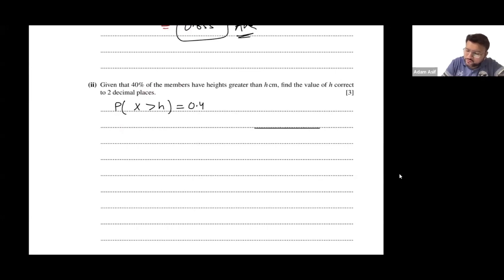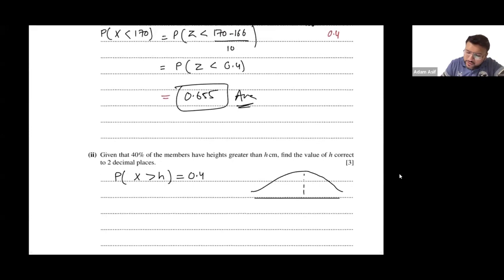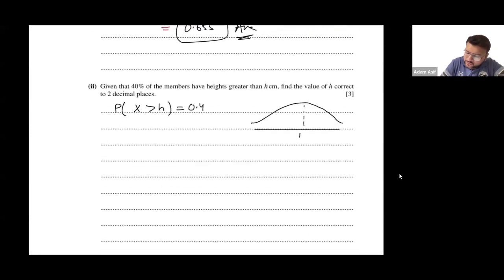So if I draw a normal distribution curve, the mean is 166. Where do you think this h value would be such that the area above h centimeter is 40%? Should the value of h be towards the right side of 166 or towards the left side of 166 so that the area above h is 40%?